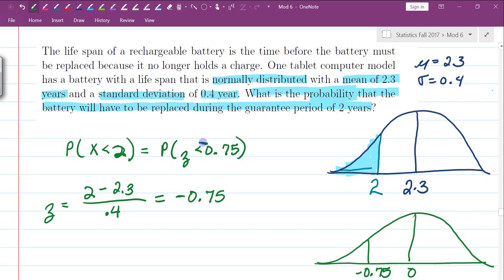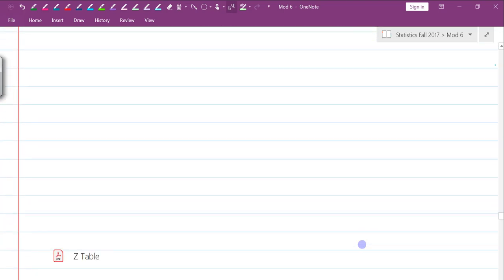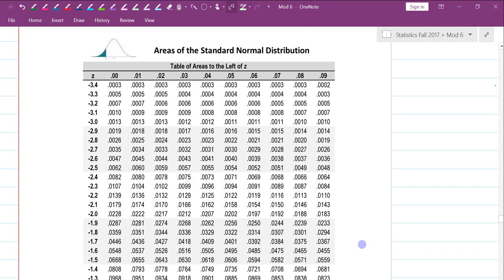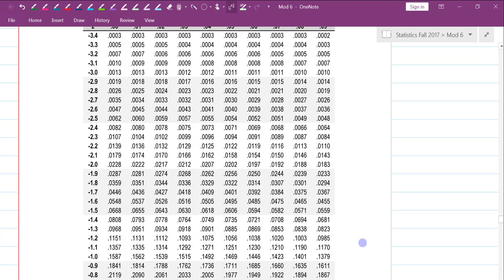Well, since our tables give us the area to the left, all we have to do is look that up. So let's scroll down to our Z tables, and we're going to look for negative 0.7 right here, and our 5 column is right there.